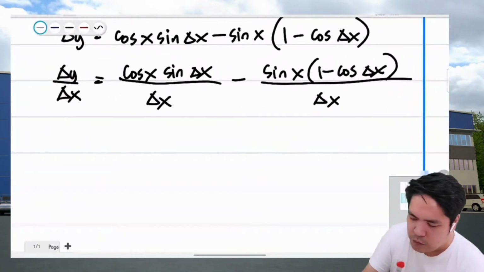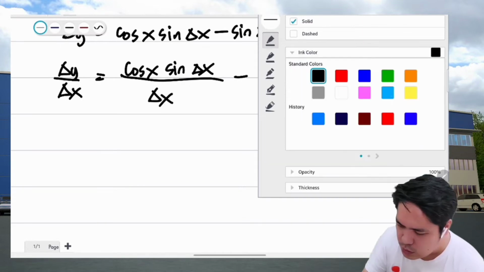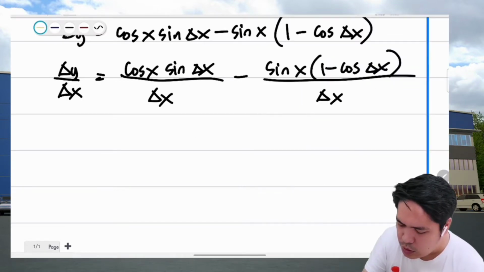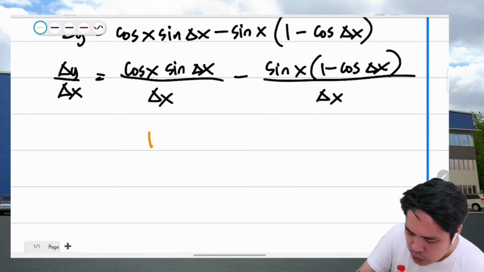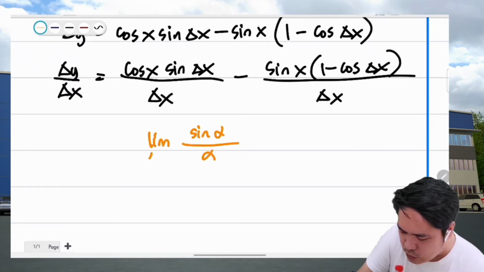And from the squeeze theorem that we discussed before, we know that the limit of sine alpha over alpha as alpha approaches 0 is equal to 1.